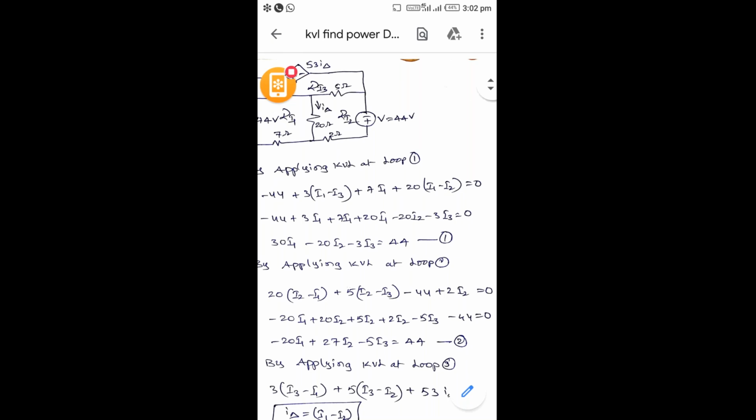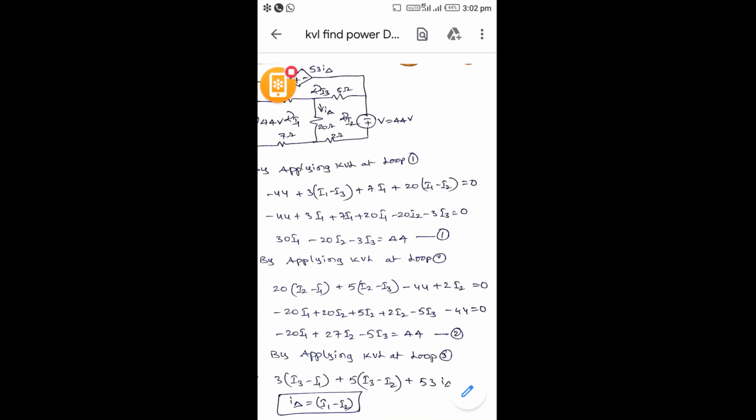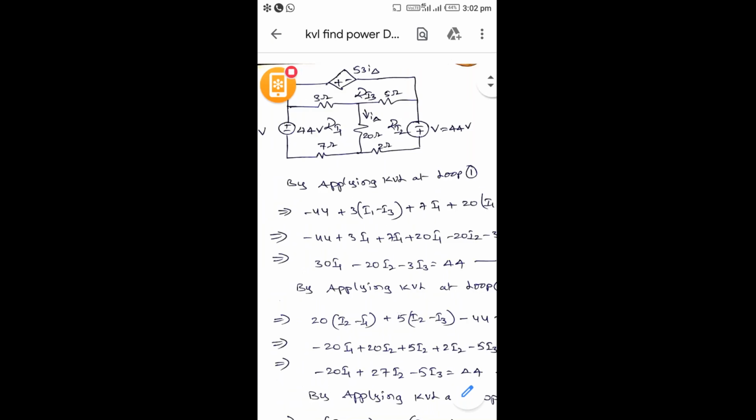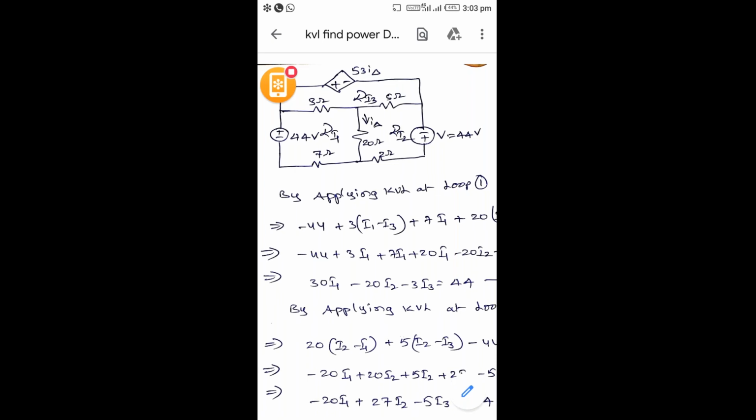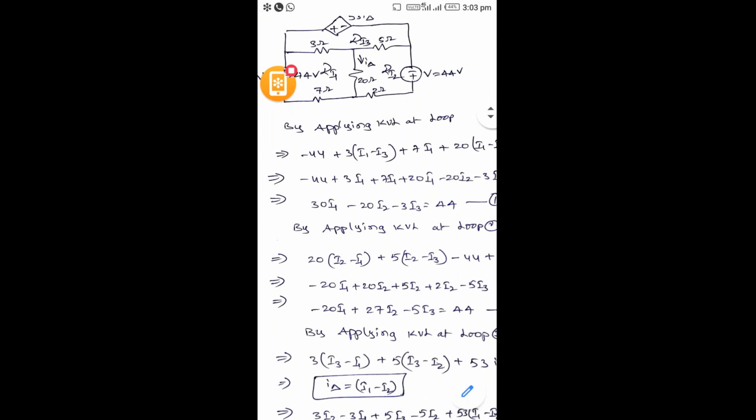By applying KVL at loop 3, you have to observe from the circuit that the 3 ohms, 5 ohms and the dependent source are connected in loop 3. Now by applying KVL at loop 3, 3 times I3 minus I1 plus 5 times I3 minus I2 plus 53 I delta is equal to 0.